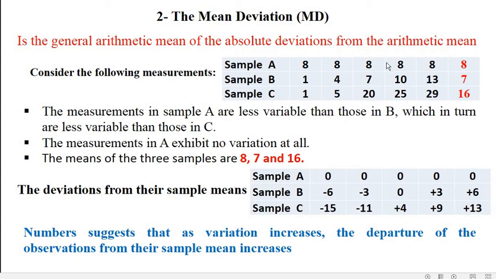Sample A has zero variation, sample B less variation, and sample C is more variable by its readings. Look at the deviations of these samples.